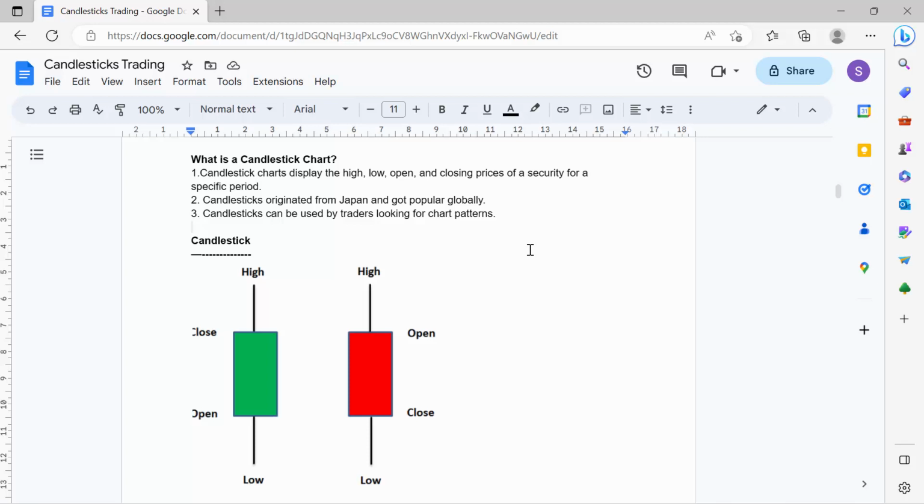Remember, in trading there are only two ways to make money. Number one, taking high probability trades. That means if you take 100 trades and you get 70 of them right, your probability is 70%, which is greater than 50 and is high probability.